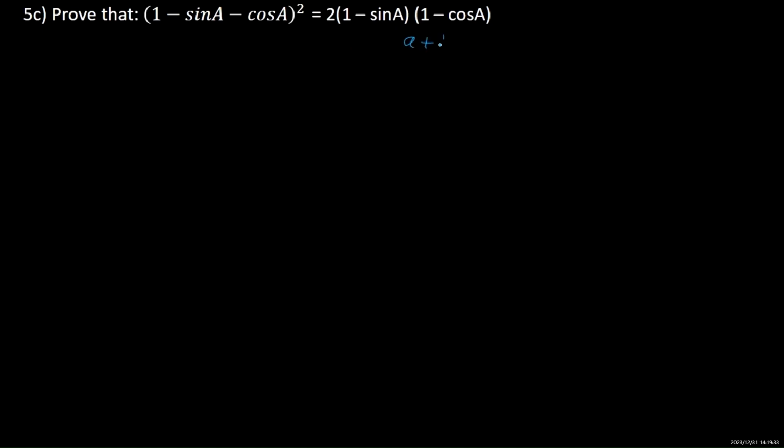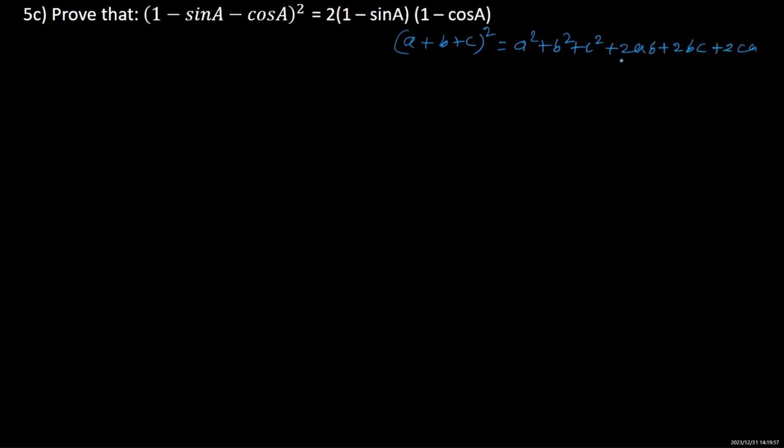Suppose there is a plus b plus c whole square. a plus b plus c whole square equals a square plus b square plus c square plus 2ab plus 2bc plus 2ca.